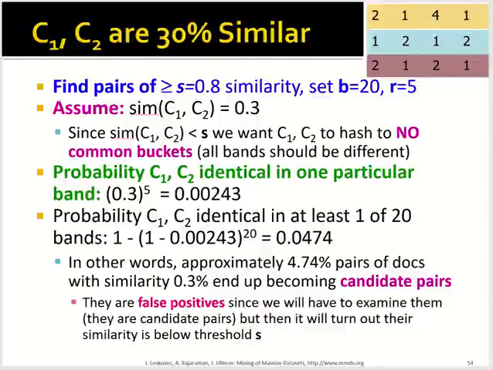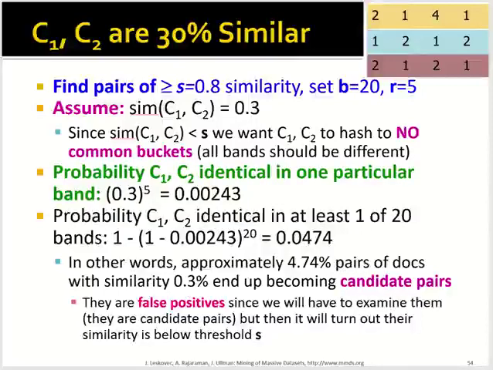0.00243. The probability that C1 and C2 are identical in at least 1 of 20 bands is, from the statistics, 1 minus (1 minus 0.00243) to the power 20, which equals 0.0474.